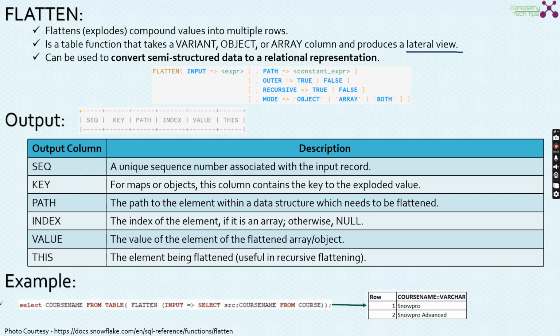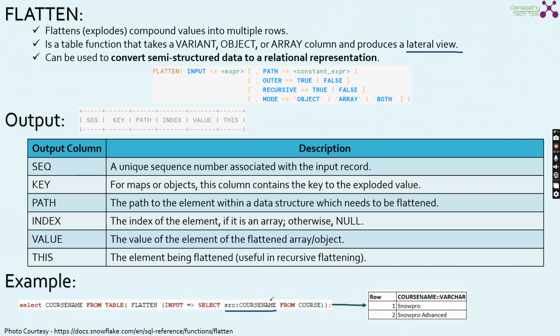For example, if you see this one: select course name from table, flatten, input, select src course name from course. If you remember, this is the semi-structured data, stored in a variant field, which has course name as a field.